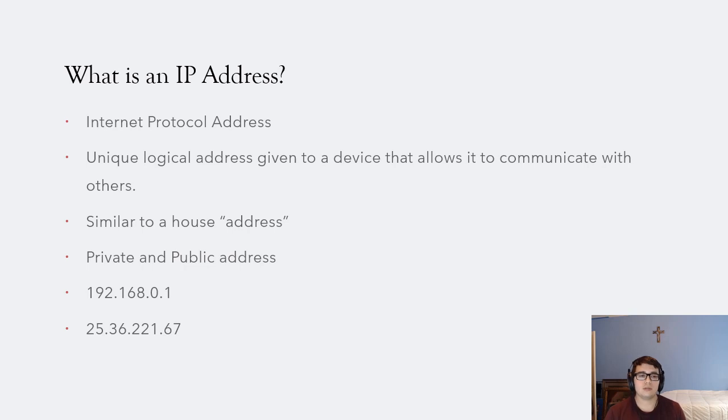There are mainly two types of IP addresses, that being public and private IP addresses. There are certain designated ranges that are private IP addresses. Just an example of a private IP address would be 192.168.0.1. That's a Class C private address.